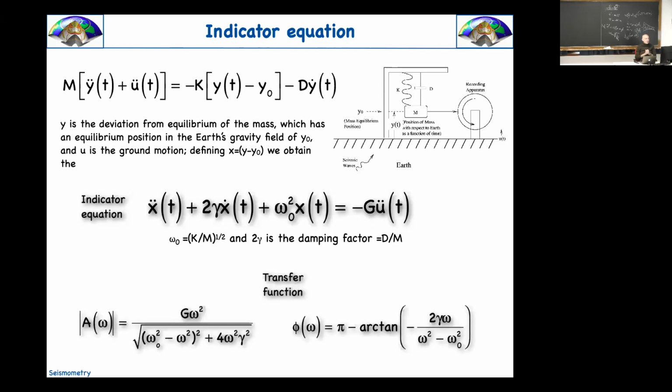Okay, and if you develop the theory, what you get is that the amplitude of the response in the Fourier domain, in its general term, is this. And the phase is that one.